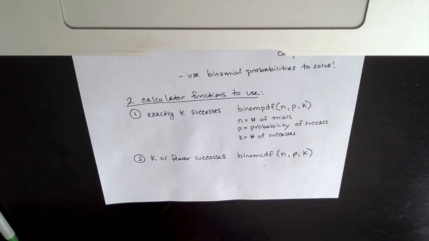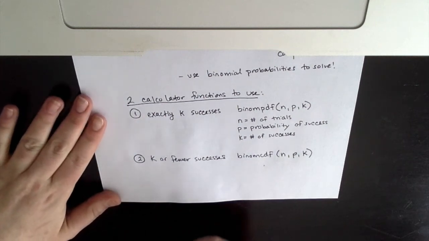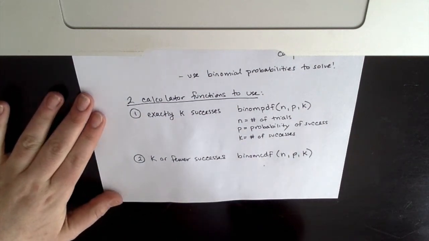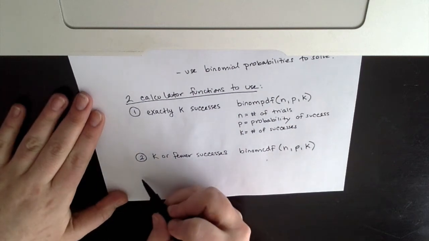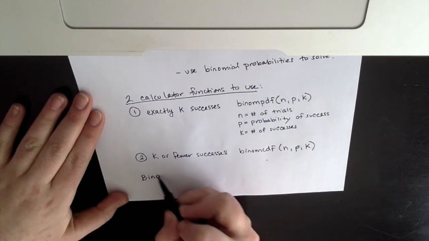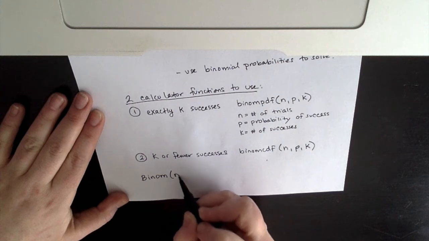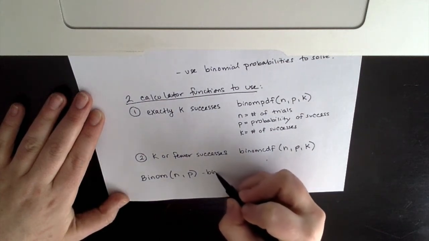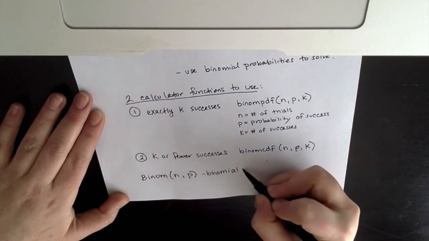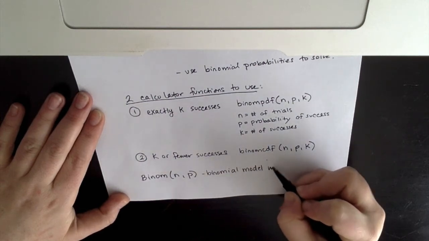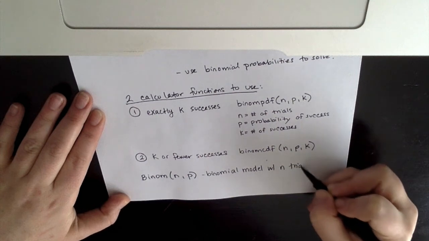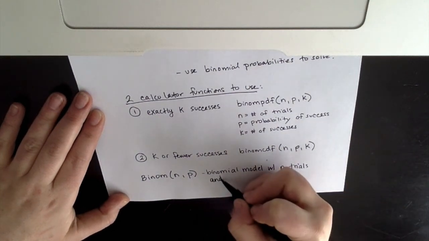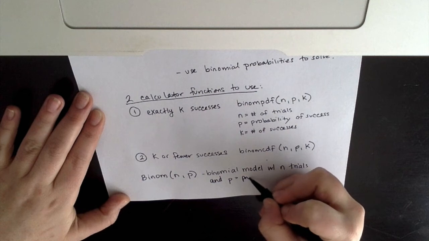So there's only a couple things that we haven't discussed about the binomial model. So I'm going to add them to these notes at the bottom here, since we know now what n, p, and k stand for. Okay? So the binomial model can be notated by binom(n, p), which means this is a binomial model with n trials and p as the probability of success.